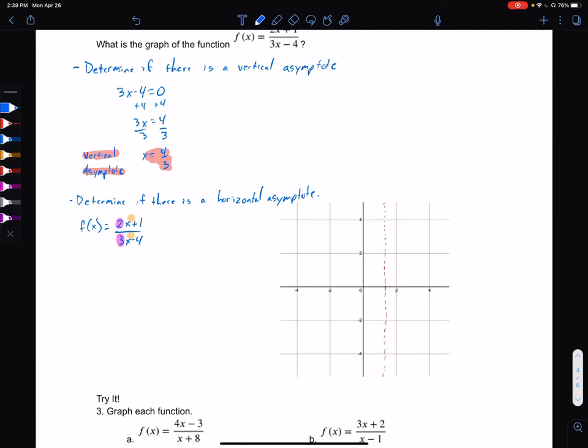So our horizontal asymptote is going to be the ratio of those leading coefficients. Remember, horizontal goes through the y-axis, so it's y equals something. In this case, my horizontal asymptote would be y equals 2 over 3.